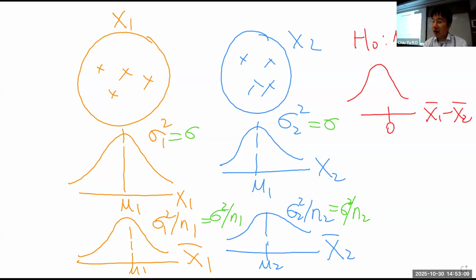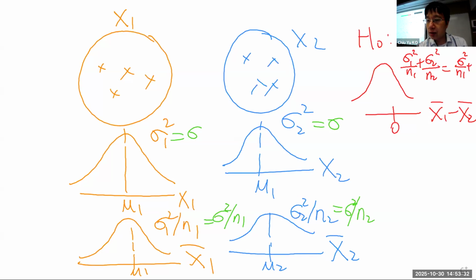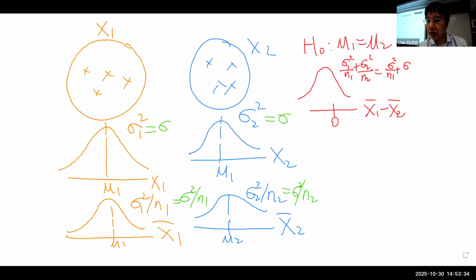Remember, for the bell curve of a difference, the variance is added together. Remember the slide we mentioned. It will be this: the variance of this, but since they use the same sigma, just sigma squared over n1 plus sigma squared over n2.